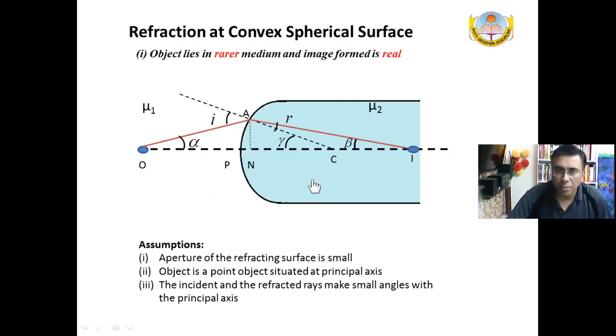I once again repeat it. From O, which is the point object, the incident ray begins.